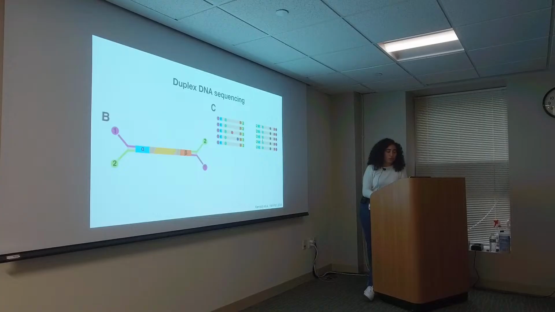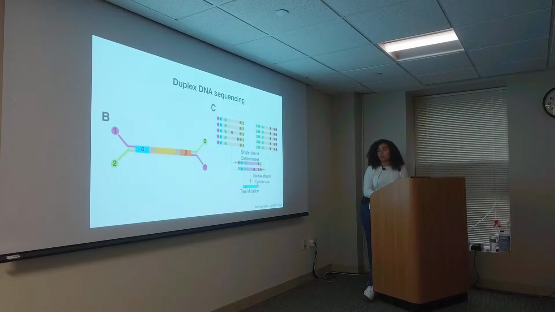So what we can do here is something that's called single strand consensus. So we see that all of the top strand has the green mutation, and then all of the bottom strand has both the green and the brown. What duplex sequencing enables us to do is to identify true mutations by doing something one step further.